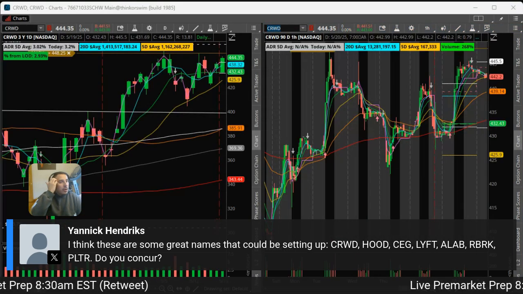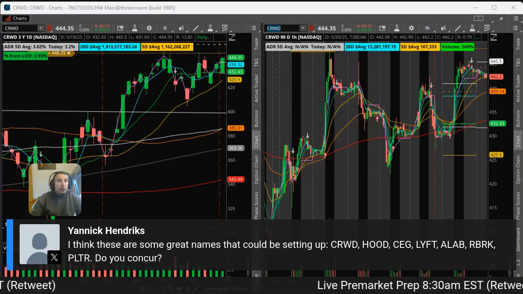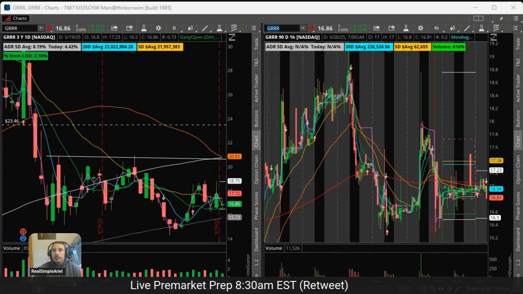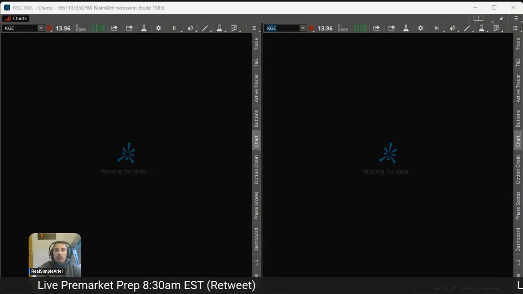But in my opinion, the market needs a little bit of sideways. I hate using the word overbought, but the market could use some sideways. Seriously.